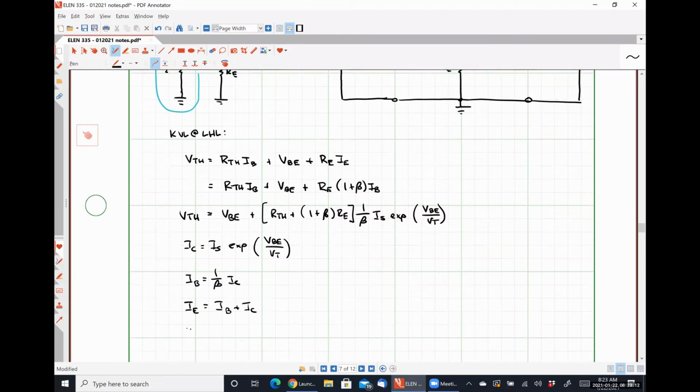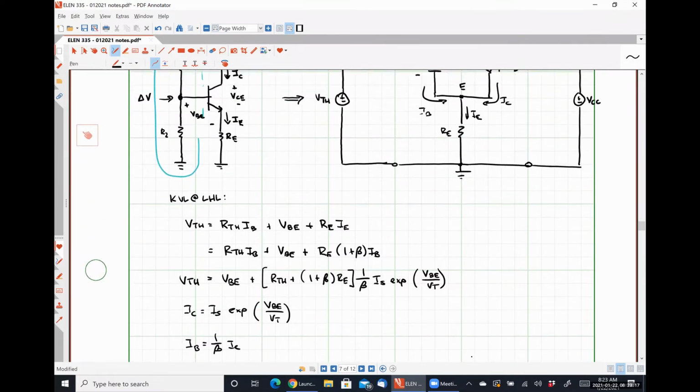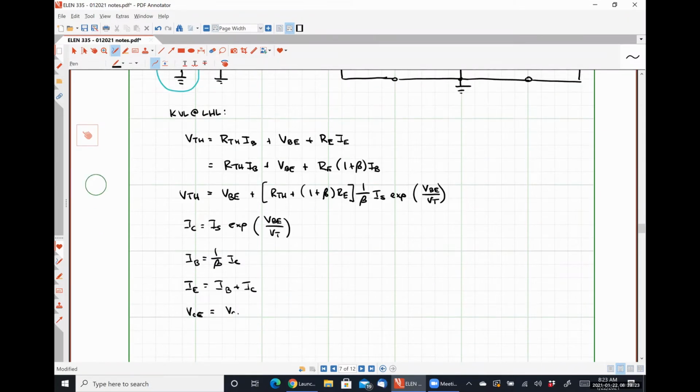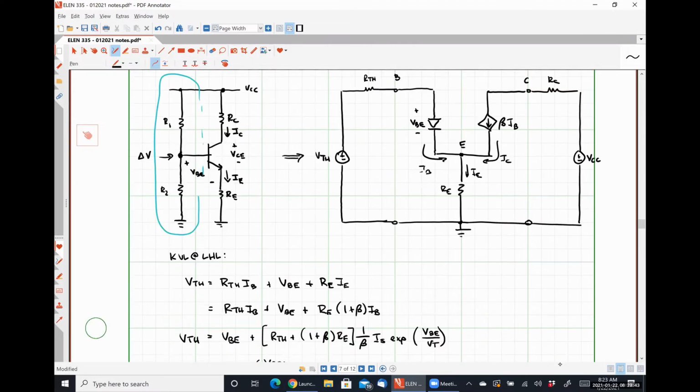And to check whether or not this thing is operating in the forward active region, VCE is going to be VCC minus RC IC minus RE IE. And I got that equation for VCE by doing Kirchhoff's voltage law around the right-hand loop, where this voltage is VCE.